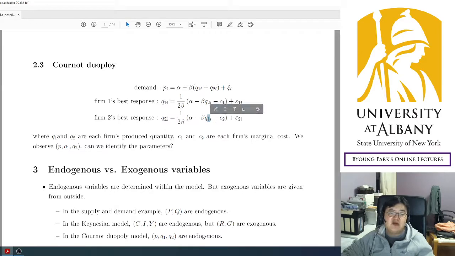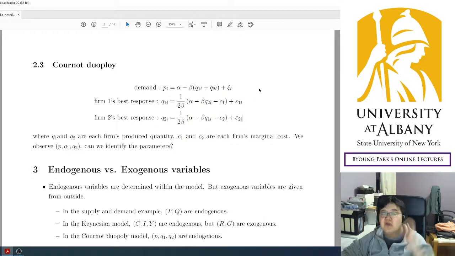Given Q1, firm 2 will react like this. By solving these three equations, we observe Q1, Q2, and the price. Of course, C1 and C2 are constant marginal costs. And then from this, can we identify beta or parameters like the costs? Those are the parameters that we would like to identify.